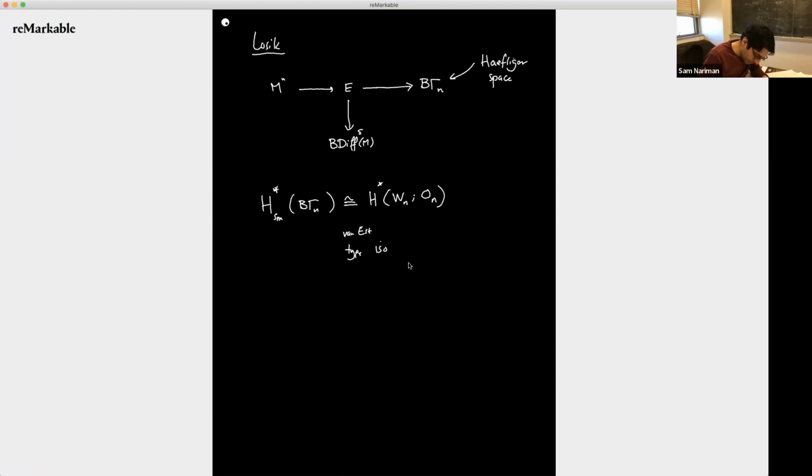So that means that I could define a map from the relative algebraic cohomology of W_n to the shifted cohomology of B Diff delta of M. Since this is smooth cohomology, it factors through the smooth cohomology of Diff.